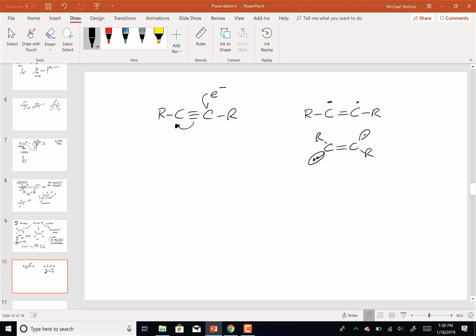So when the unpaired electron cloud and the pair of electron cloud get set up, it has to be trans, because otherwise we'd have two big negative charges next to each other, which is unstable. So this carbon has a negative charge. This carbon over here is 0 because it's just a radical. So this is actually a radical anion.